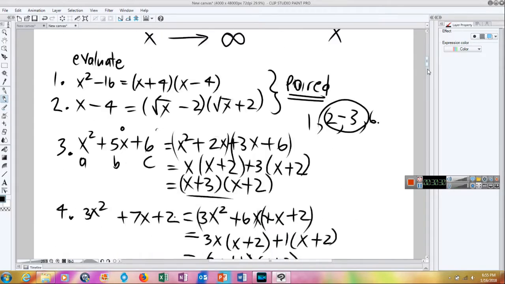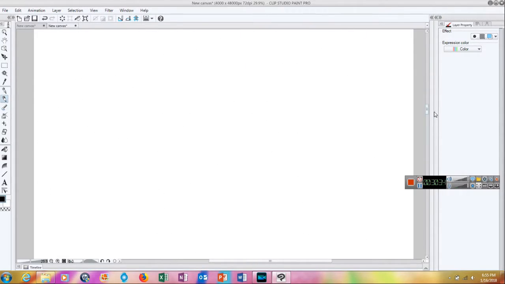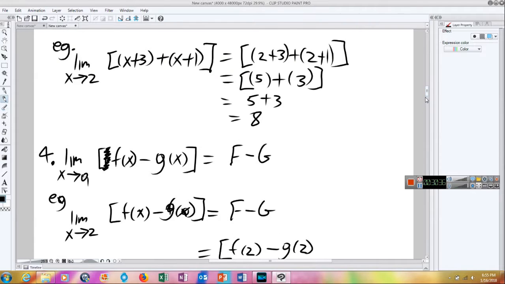That was my bad. So let me write it now. So for here, f of x is x plus 3, right? And g of x is x plus 1. That is for number 4.